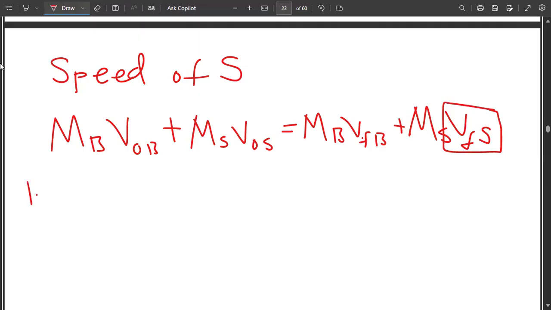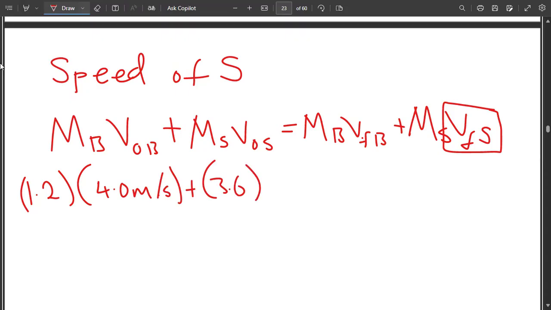Notice that the mass of B is 1.2 multiplied by the initial velocity, which is in this case 4.0 meters per second, plus the mass of S, which is 3.6 kilograms, multiplied by the initial velocity of S, which is in this case 0 meters per second.